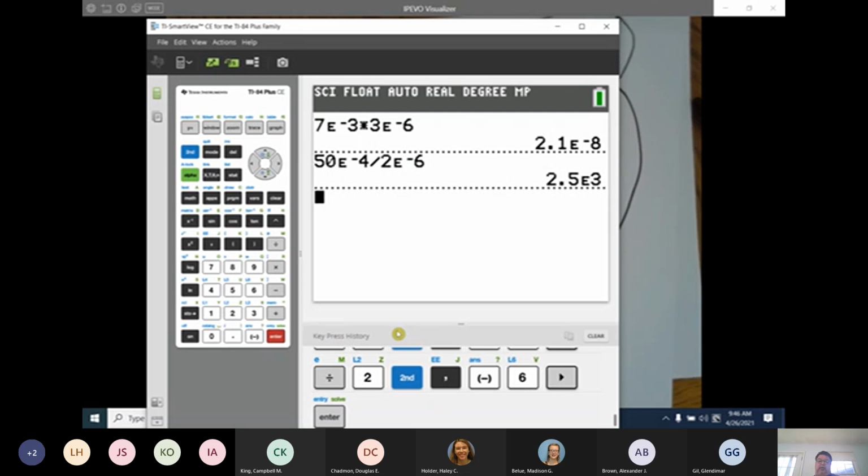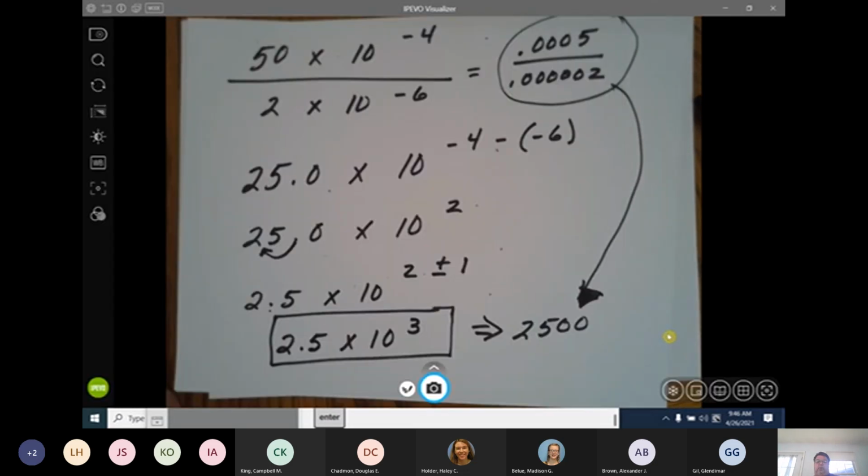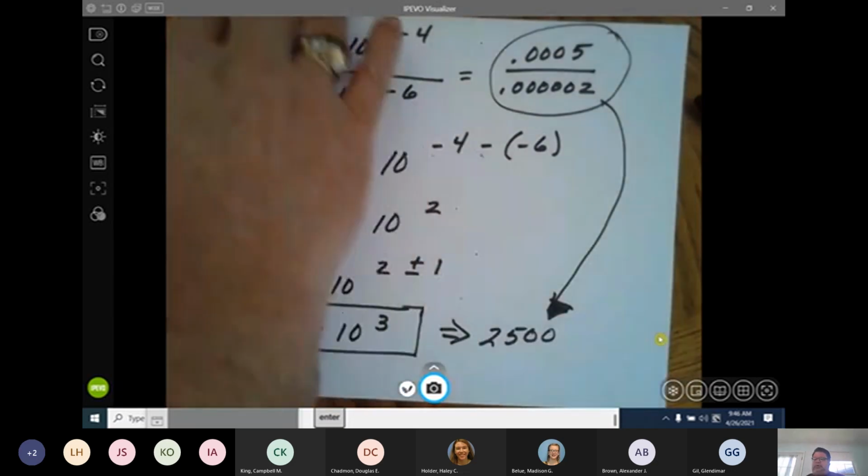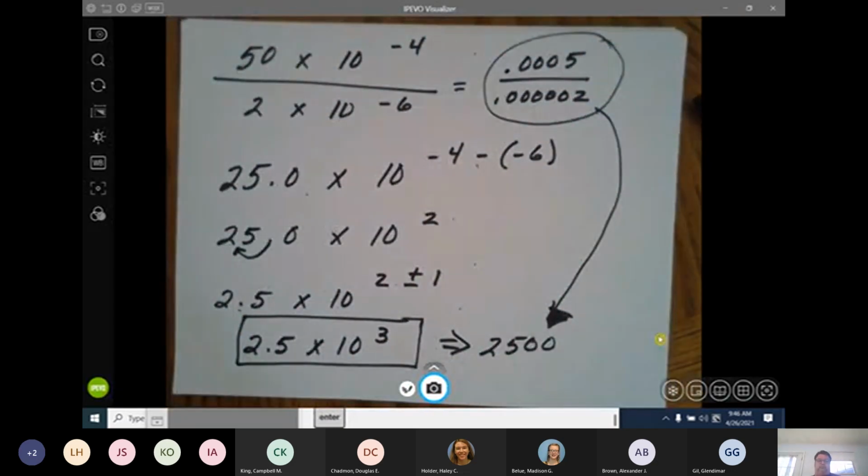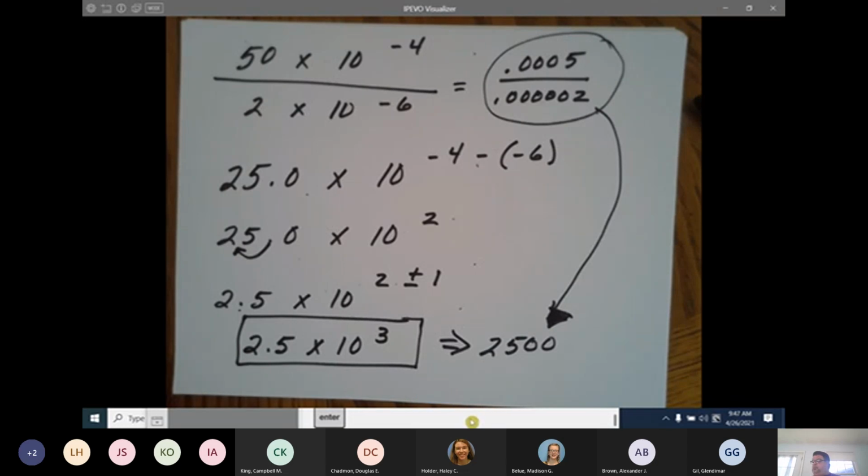Oh my gosh, that's what we got. So those of you that got 10 to the first power, your way is not correct. Comprende? All right, let's try another.